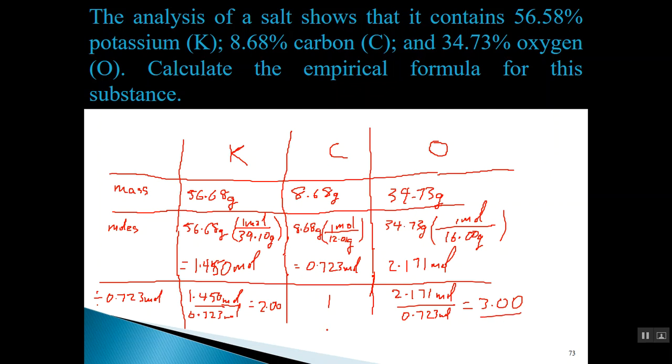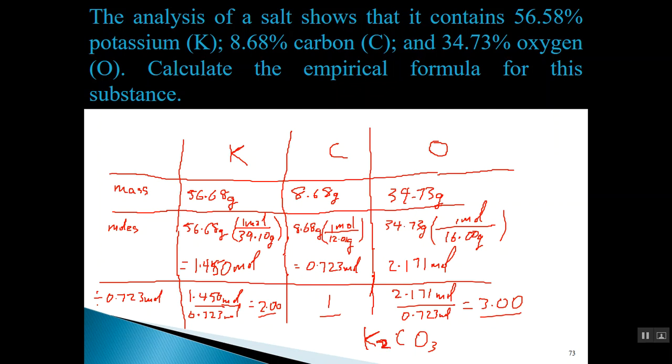So these numbers, the 3 for the oxygen, the 1 for the carbon, and the 2 for the potassium, will serve as the subscripts in the empirical formula, and therefore the empirical formula for this compound is K2CO3, and that is it.